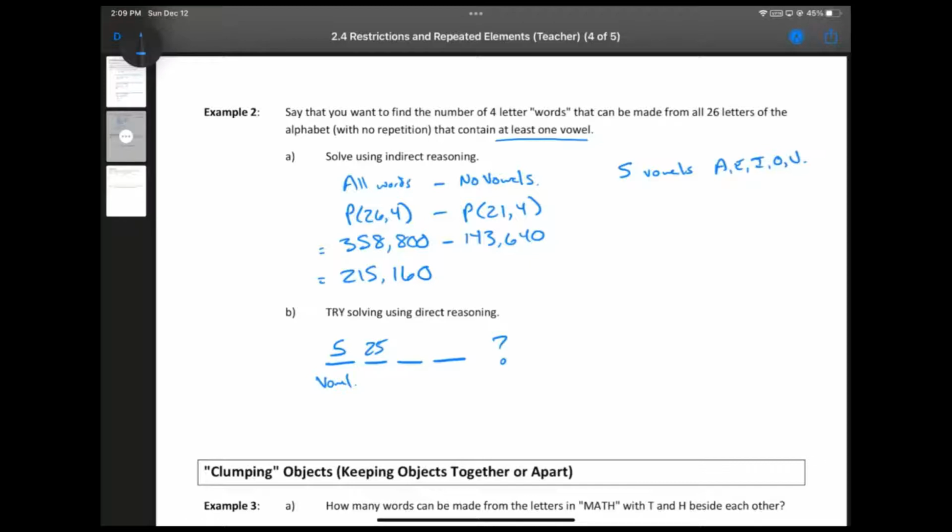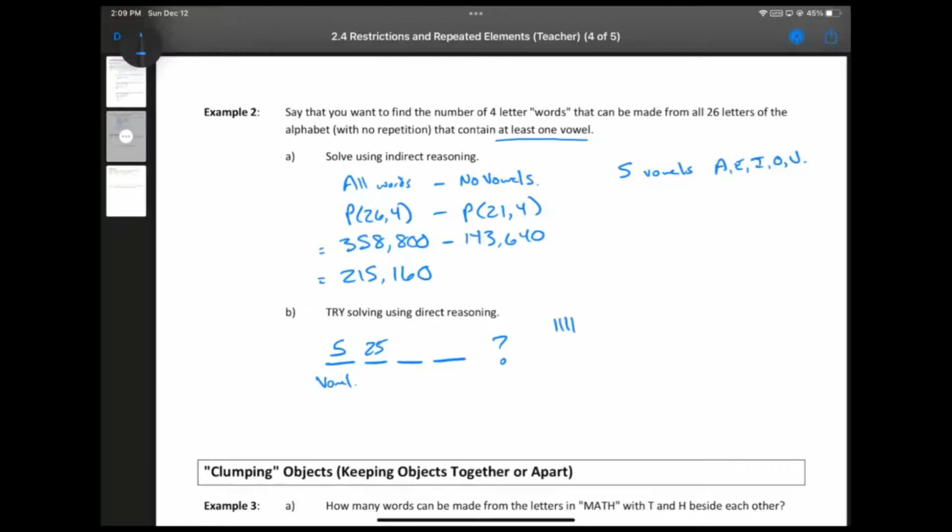If it needs to have at least one vowel directly, I could have a vowel in the first spot and no vowels in the second, third, or fourth. So that's one situation, one case. Or I could have a vowel in the second spot, but not in the first, third, or fourth. Or I could have a vowel just in the third spot or just in the fourth spot. So there's 4 cases.